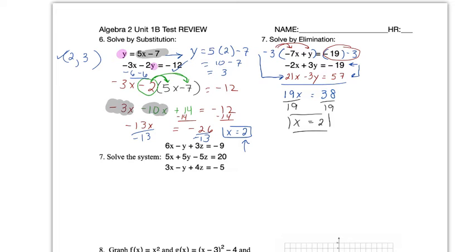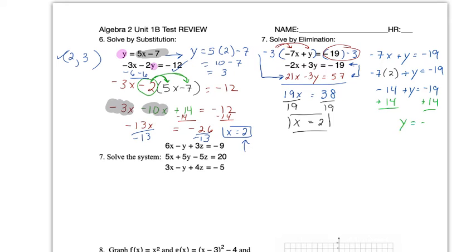I'm going to use equation 1 up here. Equation 1 is -7x plus y equals -19. I'm going to put in that 2 for x and figure out what y is. Negative 14 plus y equals negative 19. Add 14 to both sides.